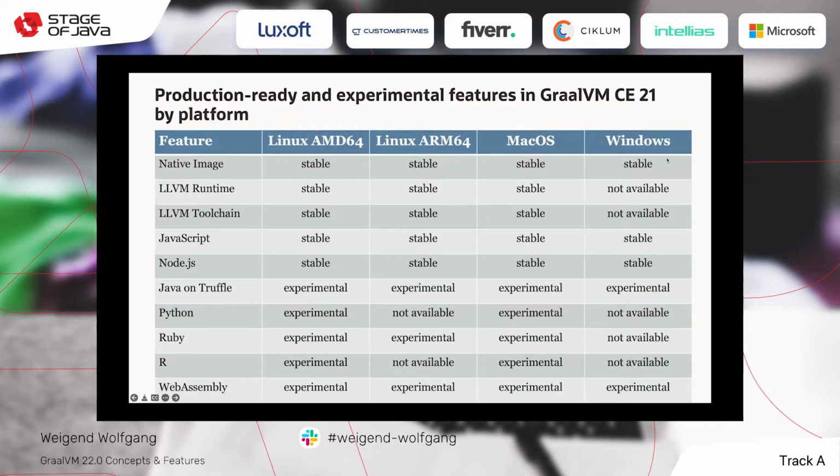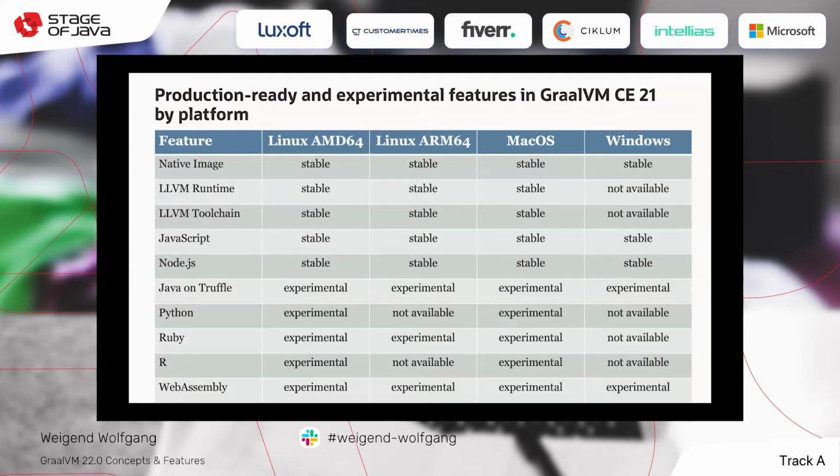On a Windows machine, you need to take care on your own of the whole LLVM toolchain. The compiler set for Microsoft needs to be installed separately. So I would recommend macOS and Linux for developer machines, and of course running Linux in production. That would be the best decision to make.